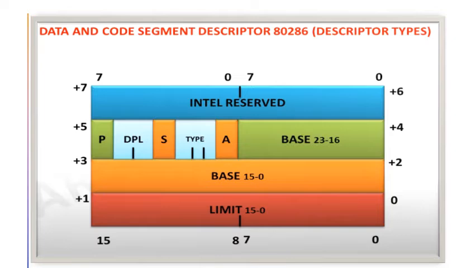The code and data segment descriptor contains the segment base address, segment attributes including segment size up to 64 kilobytes, access rights such as read, read write, execute and execute read, and presence in memory from the virtual memory system. The figure shows the code and data segment descriptor, and the access rights byte definitions are illustrated as follows.